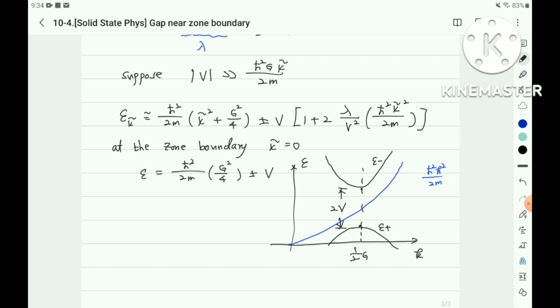Therefore, in conclusion, the energy band gap at the zone boundary is the Bragg reflection of the electronic wave at the zone boundary. When you consider a periodic boundary condition, think about this kind of chain structure, where this one is a starting point, but it is the end point.